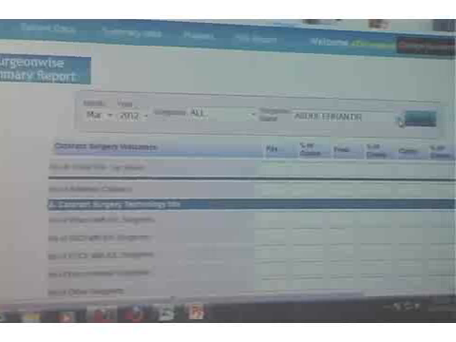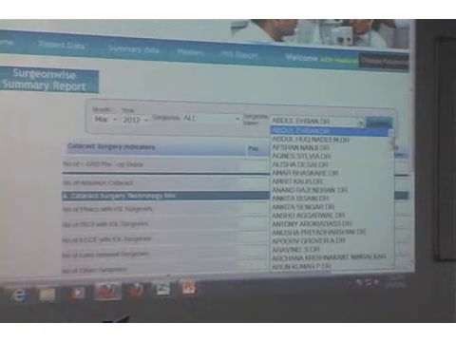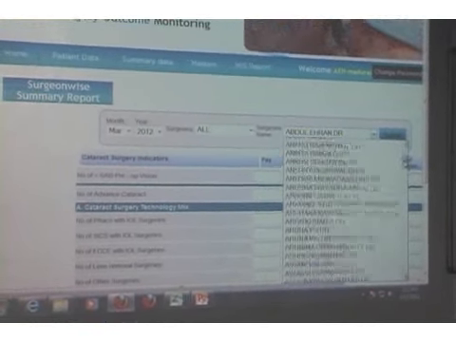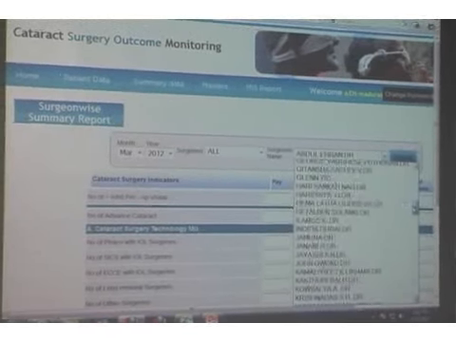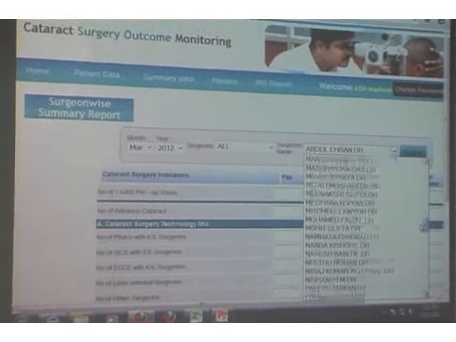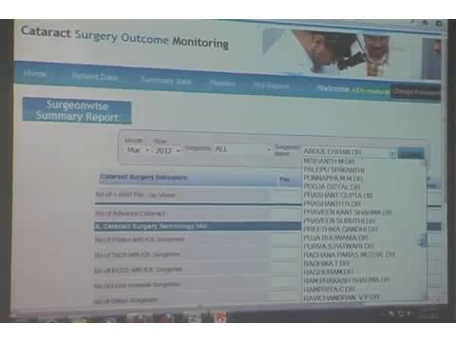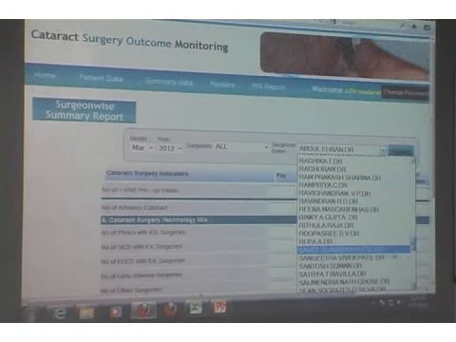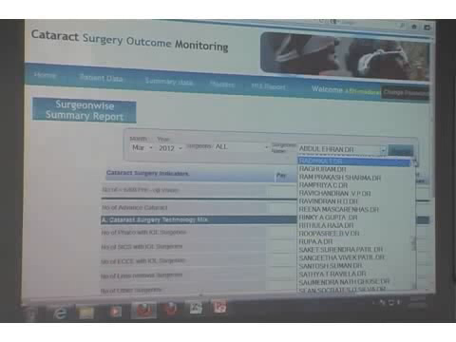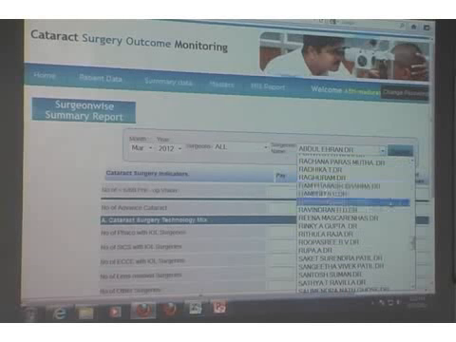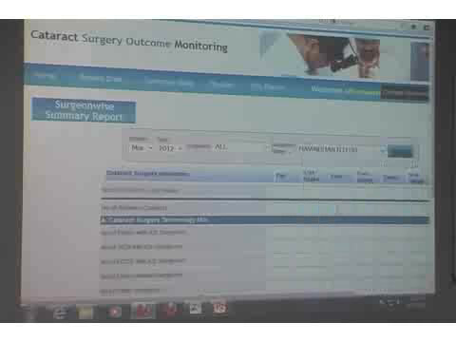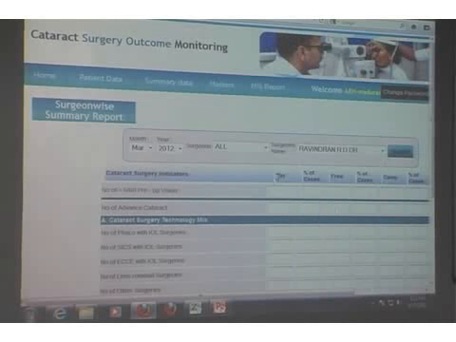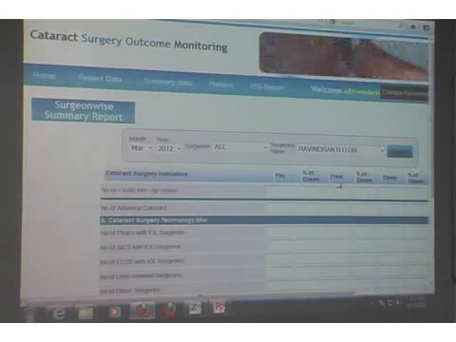So any doctor who wants to see their data can see it. So for example, here you can see all the data about paying, free, and all that.